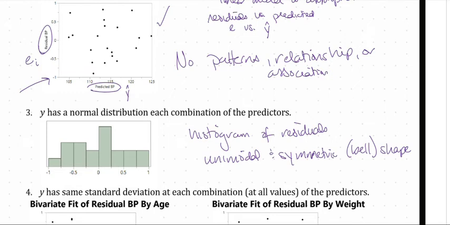In this case, if I draw a rough curve, it's unimodal, it's more or less symmetric. If there is a slight skew, that's okay. My F test and then the subsequent T tests are robust to those small departures.